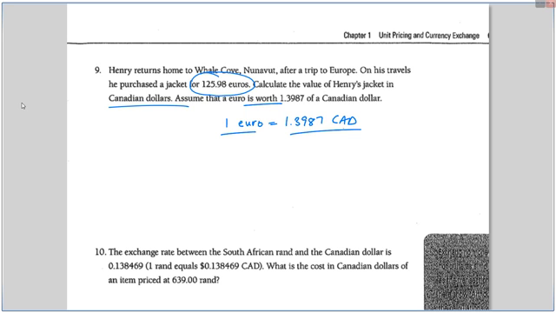They gave us a value in euro, so put that over here. I always include the units, it helps with cross multiplication so much. In order to solve this one, always times the two things and divide the thing across x. So I just need to times the 125.98 by the exchange rate. So 176.21 Canadian dollars.